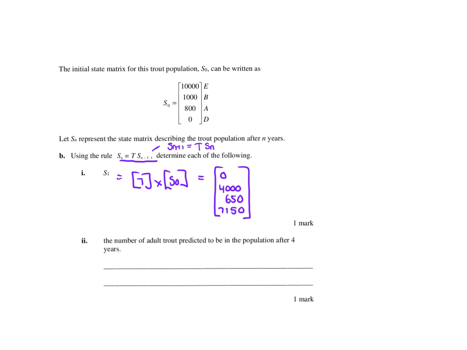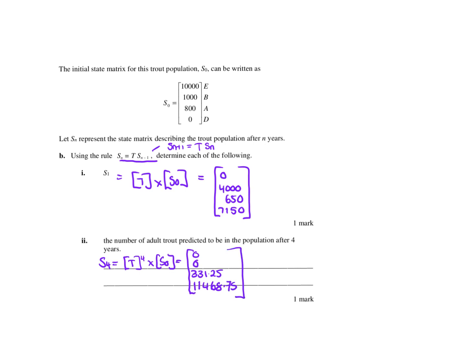Okay, and the number of trout predicted in the population after 4 years. So if you want S4, you do the transition to the power of 4 times S0, and you end up with 0.03, 331.25 and 11,468.75.